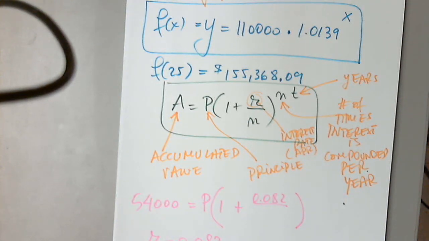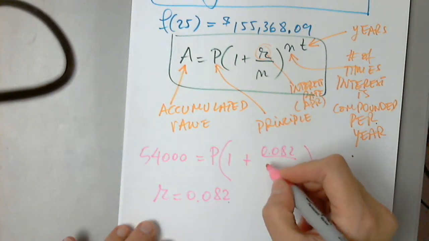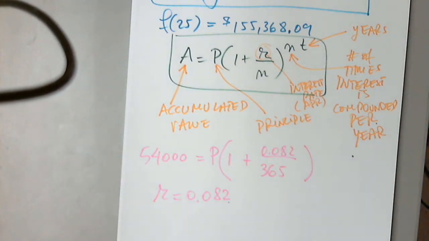Now, what is N? We're told that the interest on this loan, or deposit in this case, is compounded daily. We normally consider that a year has 365 days, although, as we know, there are leap years and so on. Therefore it will be compounded daily.